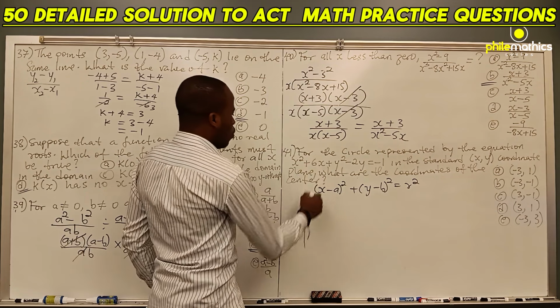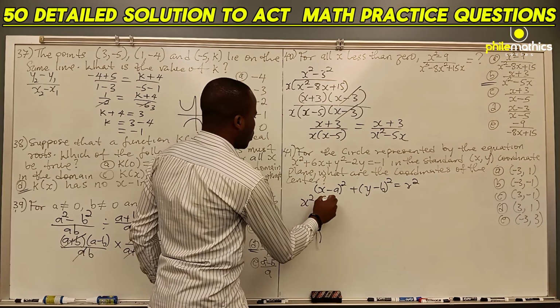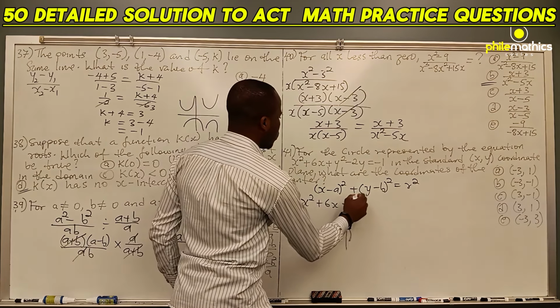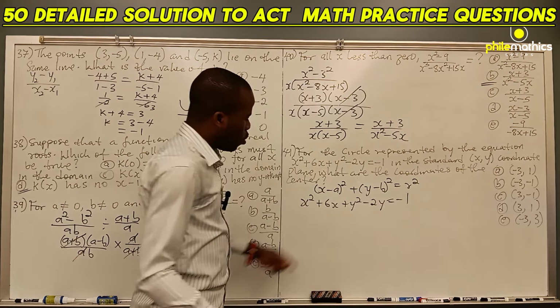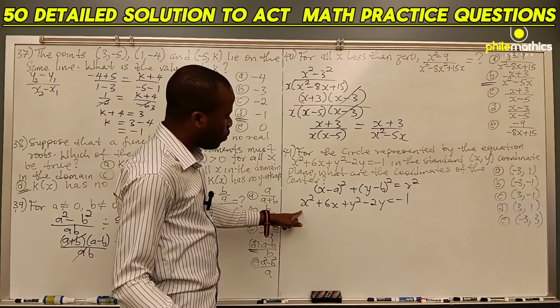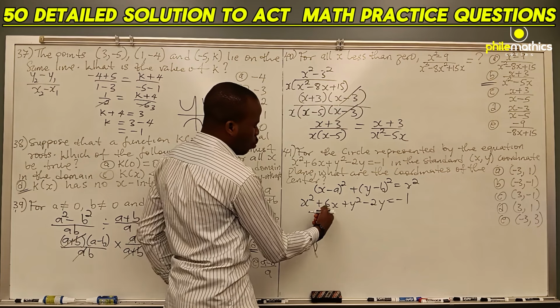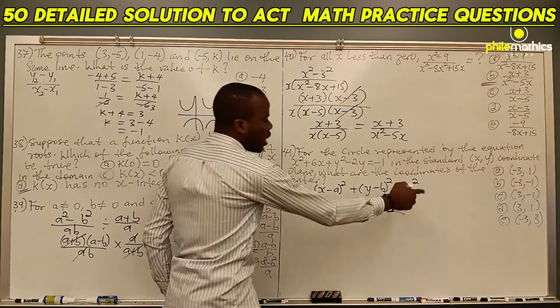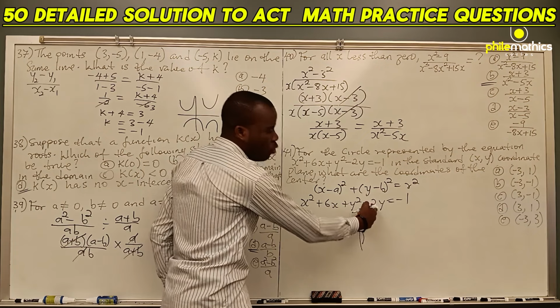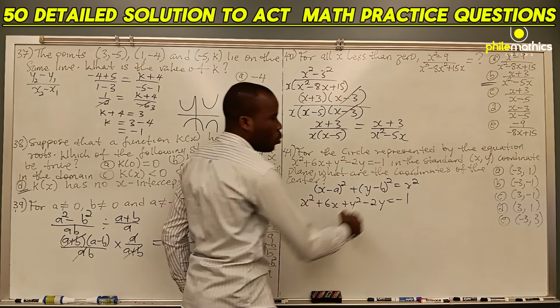So we need to put x squared plus 6x plus y squared minus 2y in this form. So we need to complete the square. To complete the square, we need to take half the coefficient of this and square it and add it to both sides. And take half the coefficient of this, square it and add it to both sides.